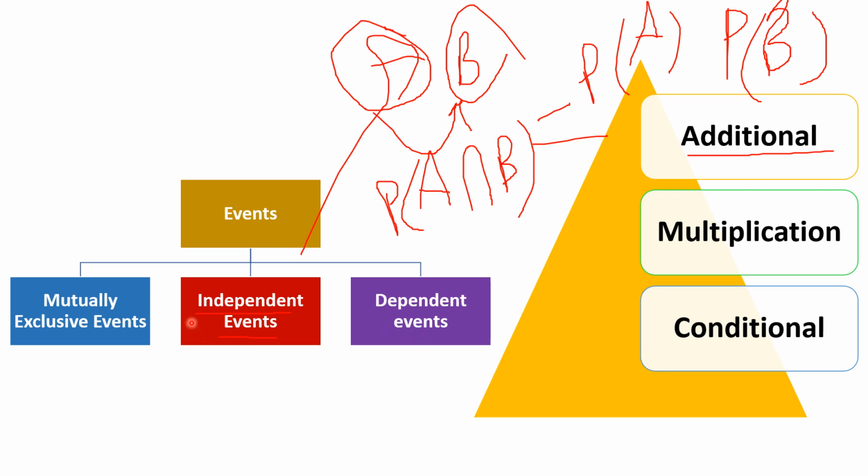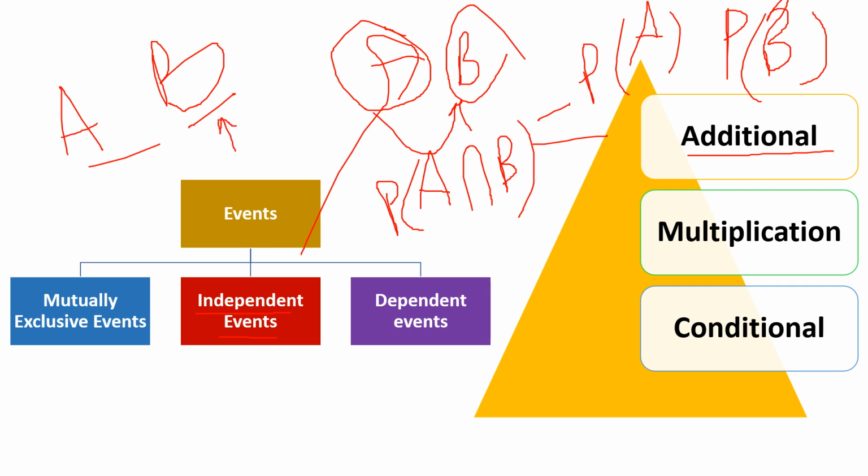I hope you know what a dependent event is. Let us consider event A and event B. Event A has occurred and event B is the occurring event.